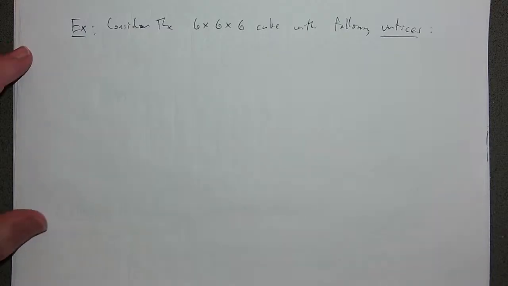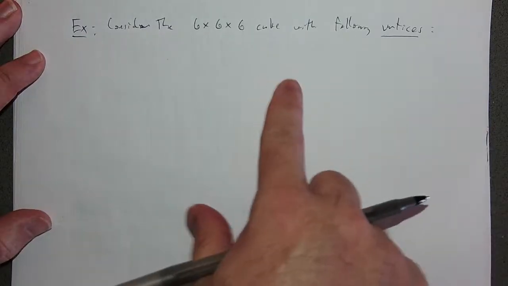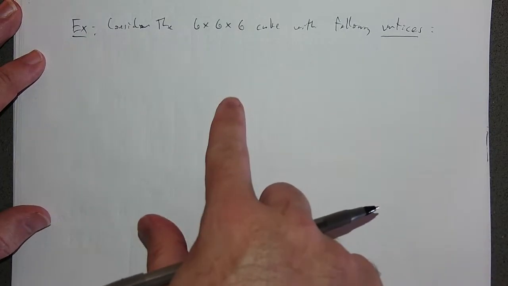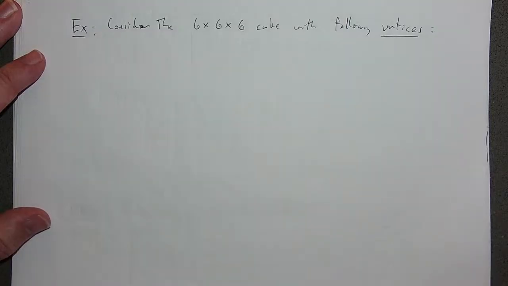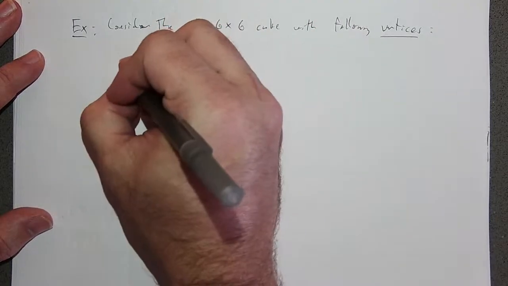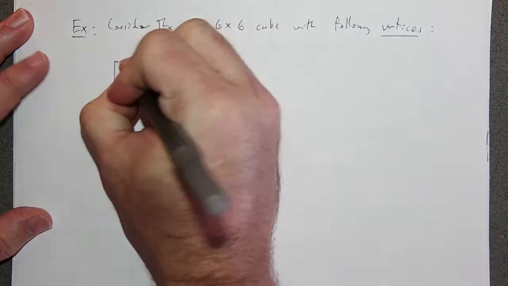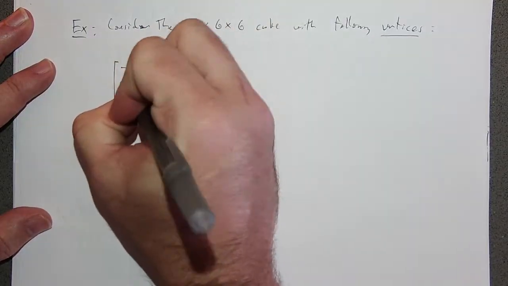So let's say that this has vertices, and I'm going to put those vertices in a matrix. The vertices are the points -3, -3, -3, which I will put in matrix form as this.